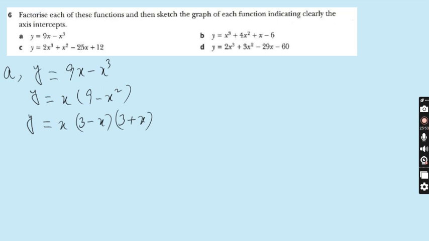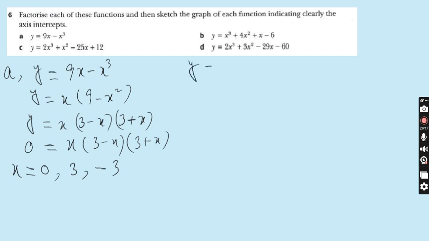Now sketching, the same rule. Find the x-intercept: put y is equal to 0, x (3 minus x)(3 plus x). This gives you x is equal to 0, x is equal to 3, x is equal to minus 3. In order to find the y-intercept, put x is 0.